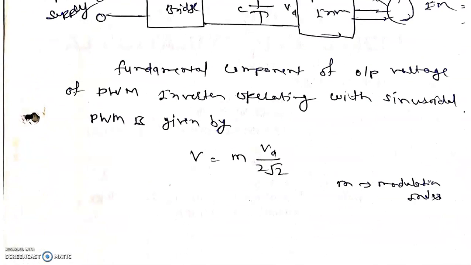The fundamental component of the output voltage of the PWM inverter with sinusoidal PWM is given by V equals M into VD upon 2 root 2, where M is the modulation index. So by controlling the modulation index M, the output voltage V can be varied.